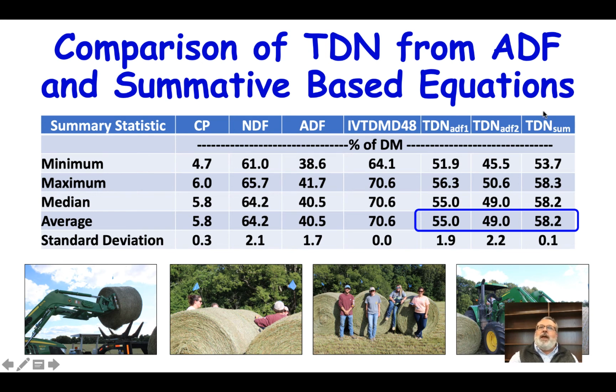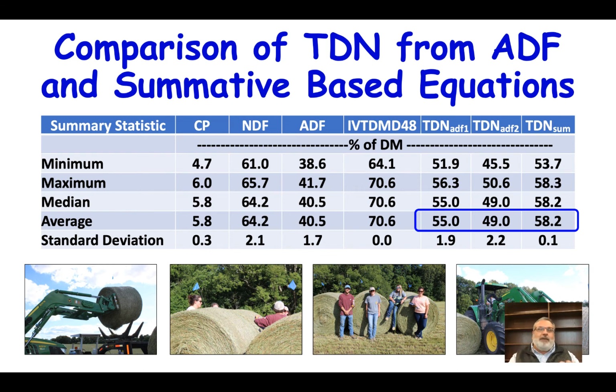And if we look at the 3 TDN equations, we've got an ADF-based equation here, and another ADF-based equation here. We look at the results, we have 55 with one ADF-based equation, or 49 with a second ADF-based equation. The point that I want to make by showing you these 2 equations is that depending on the equation that we select, and again, there's a lot of different equations out there, the results can be quite different.